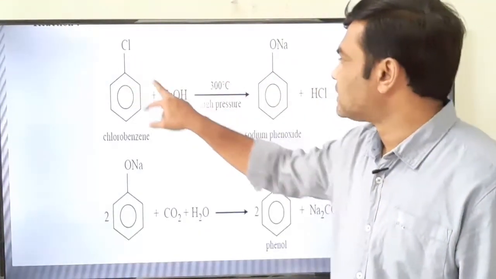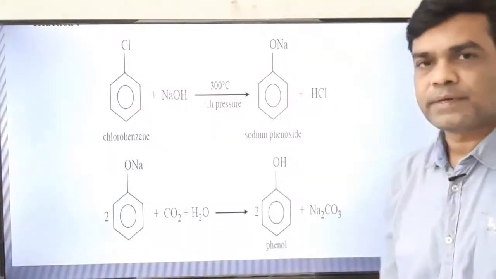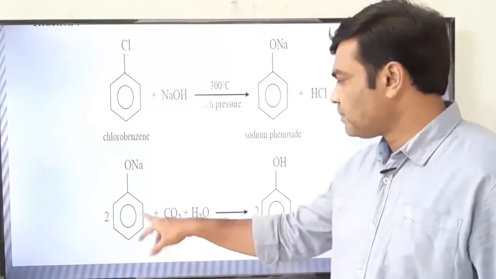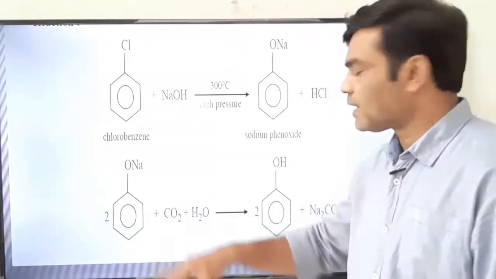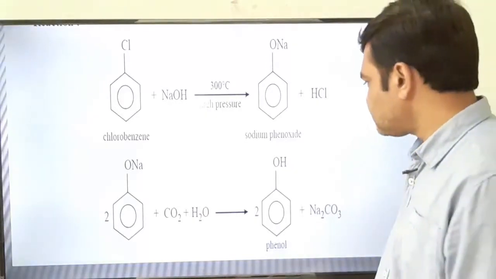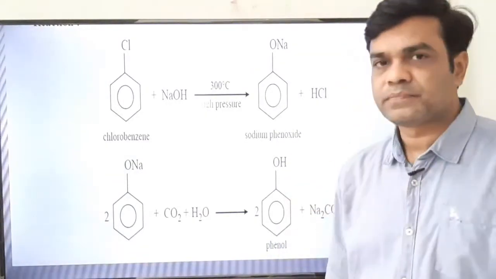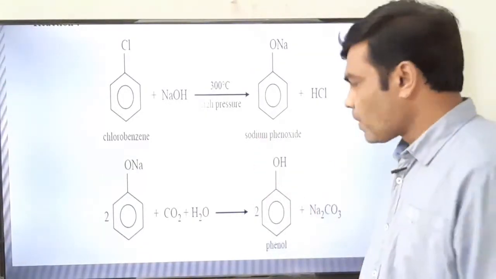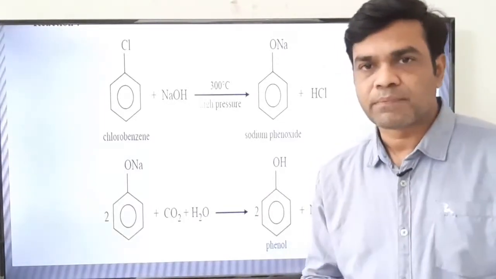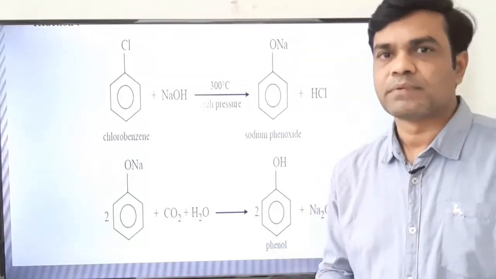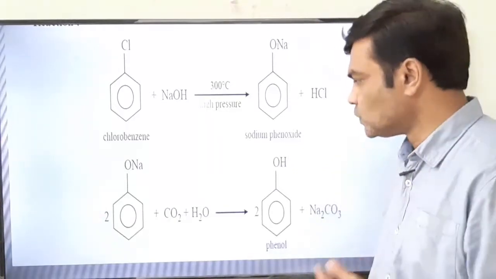Cl is replaced by ONa, and sodium phenoxide is obtained. Then that sodium phenoxide on reaction with carbon dioxide and water gives phenol. So from chlorobenzene we can prepare phenol by two ways: one is the Raschig process and the other is the Dow process.